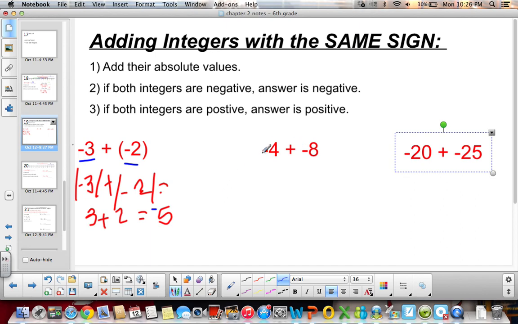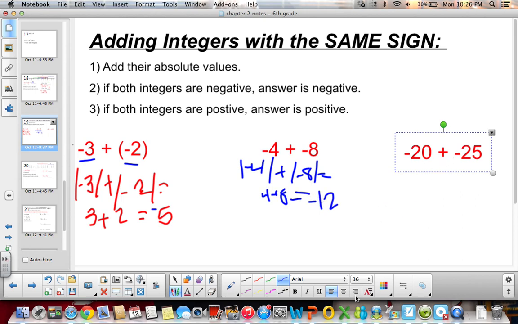The absolute value of -4 plus the absolute value of -8. We're doing it this way because we have -4 and -8, same signs. So 4 plus 8 equals 12. Both integers are negative, so we make it negative.